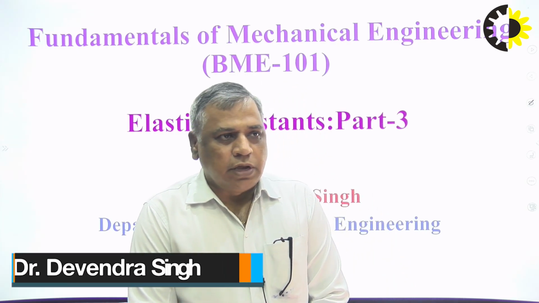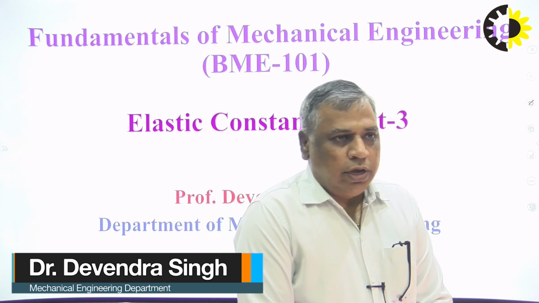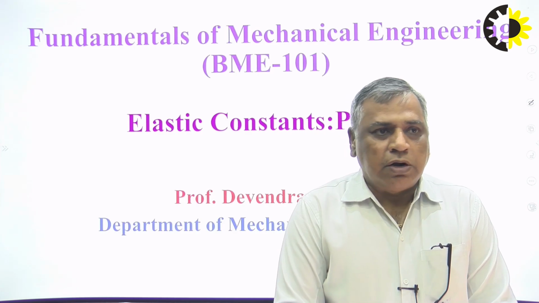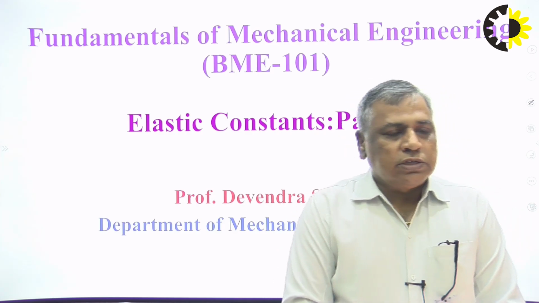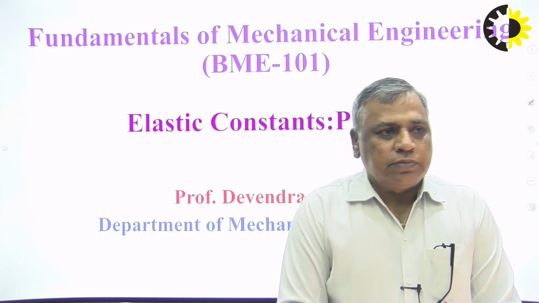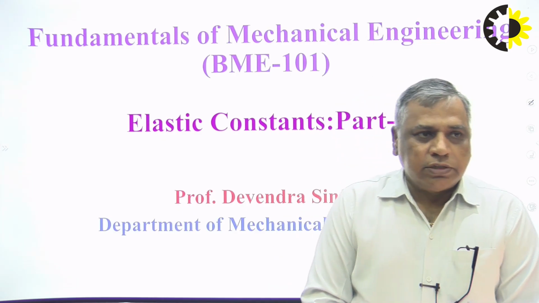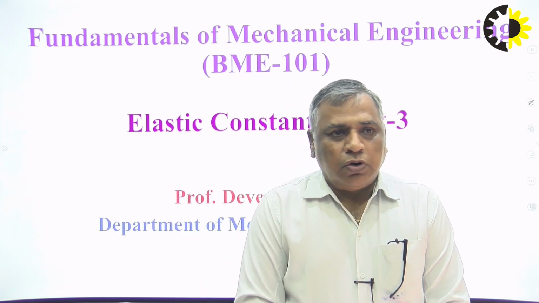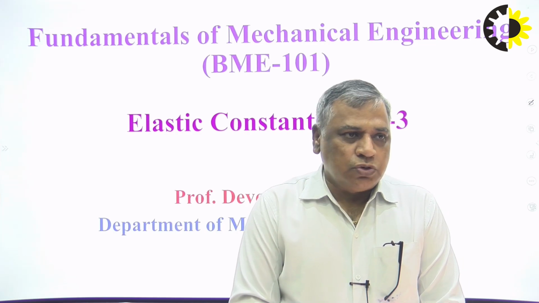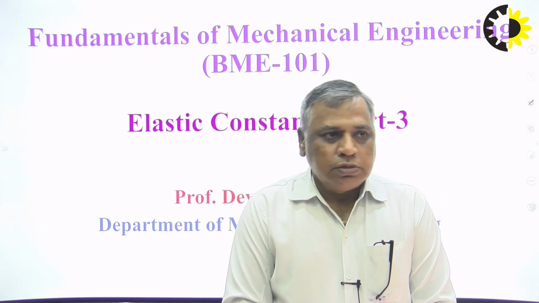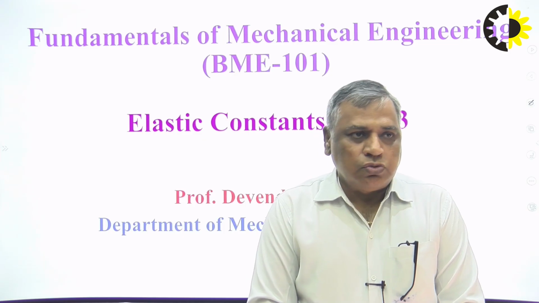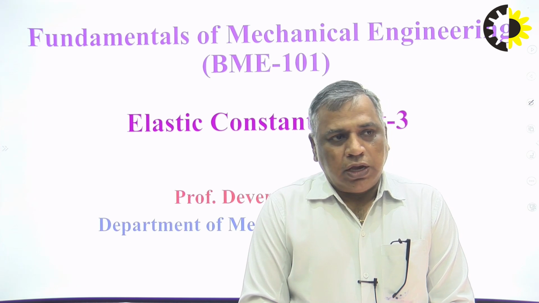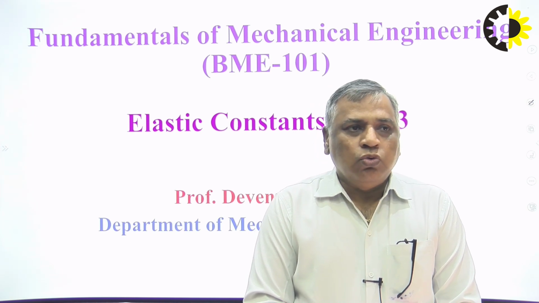I am Professor Devendra Singh, and today I am going to discuss the third part of the elastic constants. In the last two lectures, we have discussed the derivations establishing the relation between the modulus of elasticity, modulus of rigidity, Poisson ratio, and bulk modulus. So we have derived E = 2G(1 + ν) and E = 3K(1 − 2ν), where ν is the Poisson ratio.